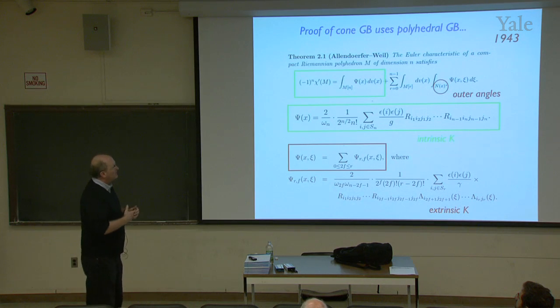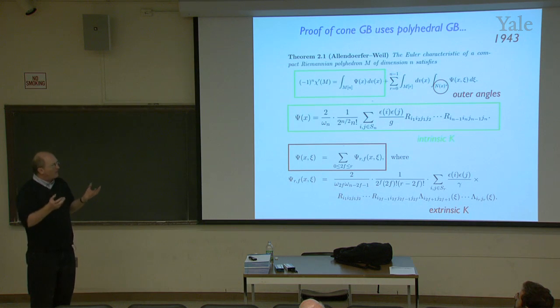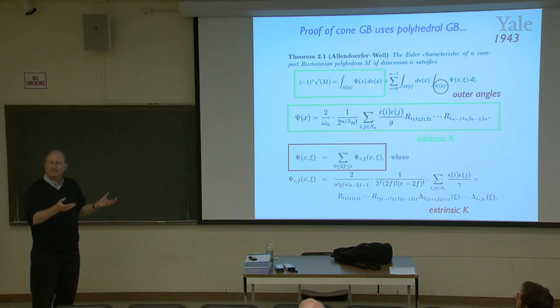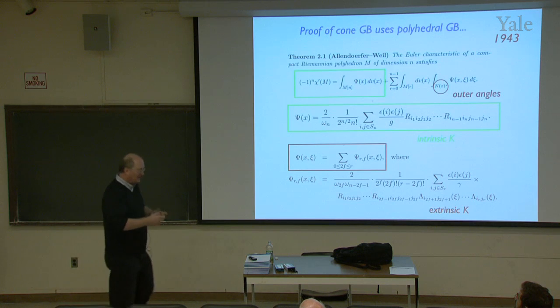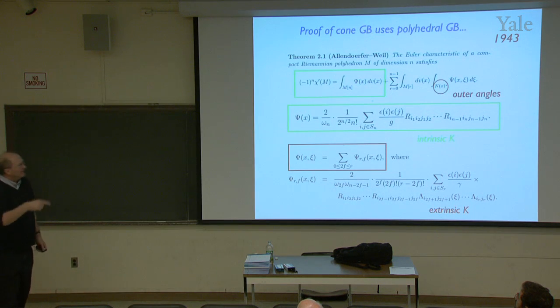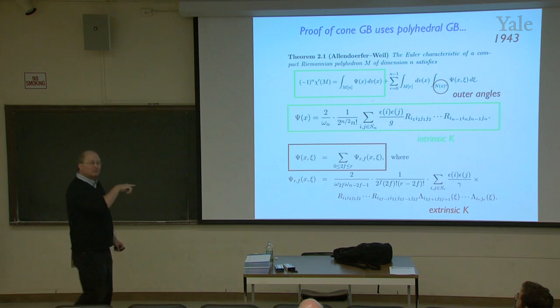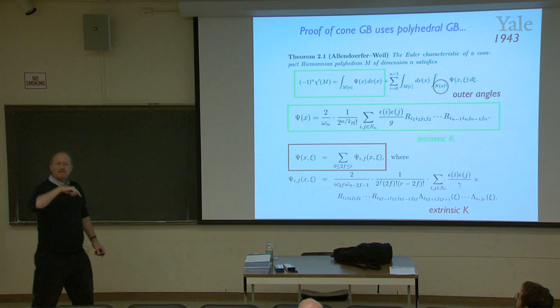And they observed that once you have that, you can just chop your manifold up into pieces. Small pieces are known to embed in Euclidean space. And so if you have a suitable formula for polyhedra, then you can sum up all the pieces and get standard Gauss-Bonnet. So without having Nash's theorem available, Allendoerfer and Weil actually gave the first proof of the Gauss-Bonnet theorem for closed manifolds. But they did it by chopping into pieces.